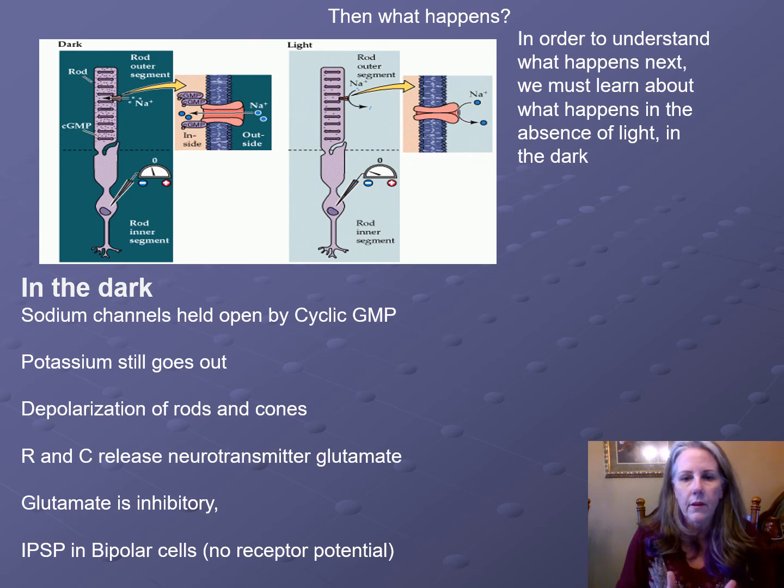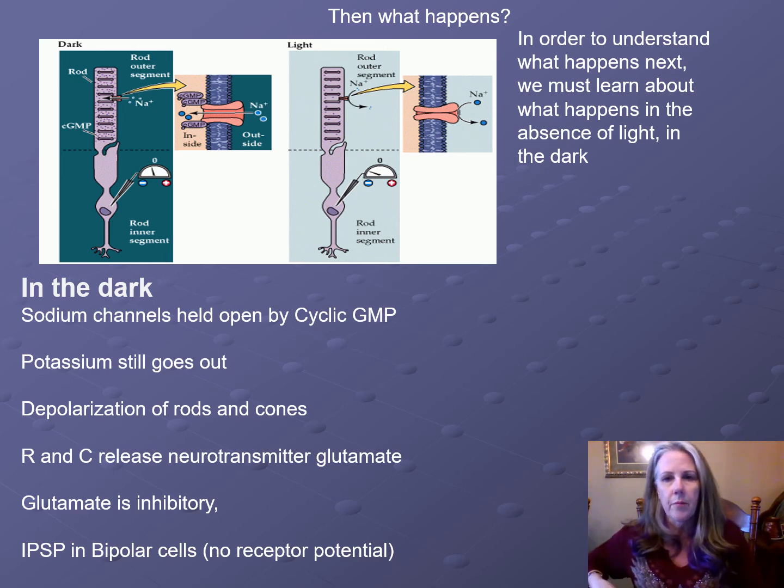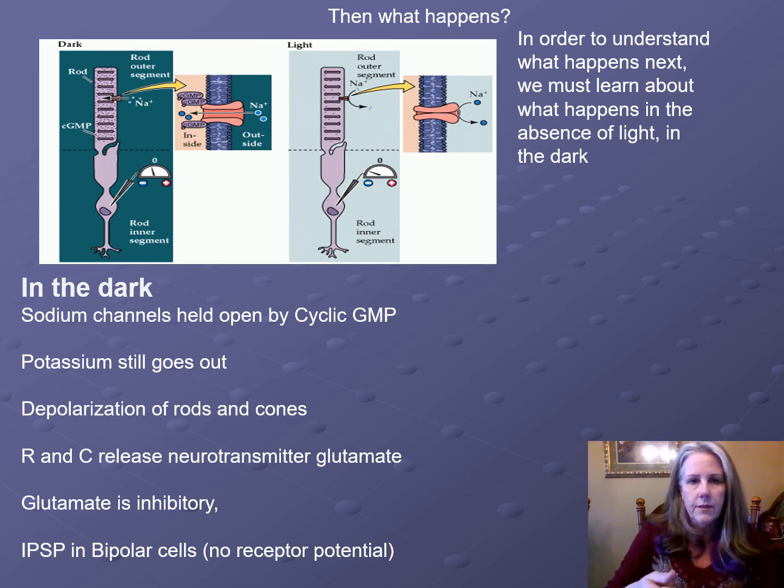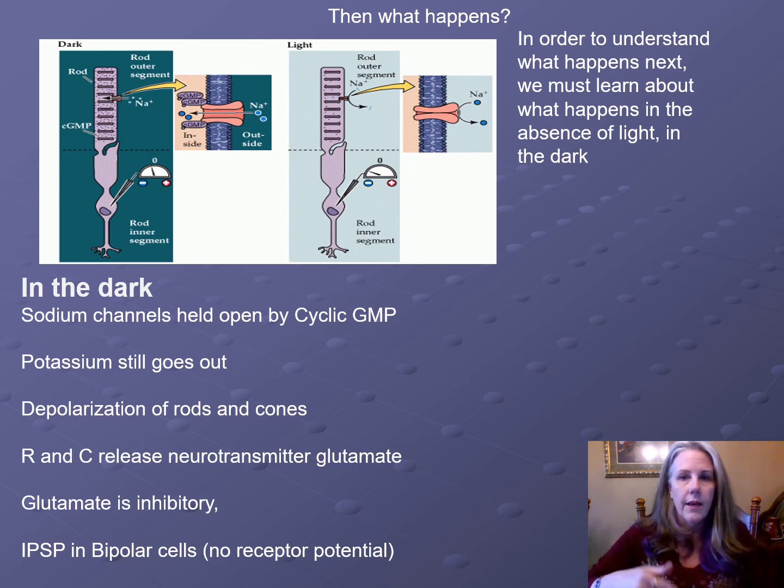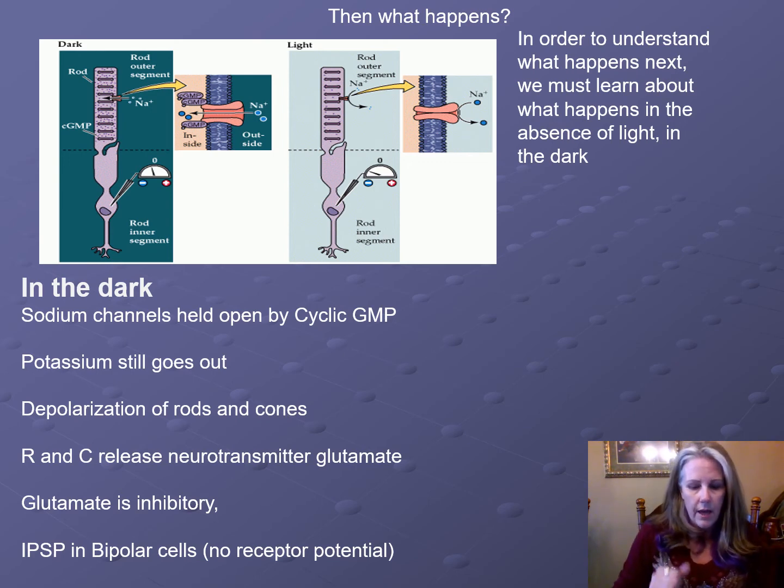When I say it kicks off a series of events, think of it like a cascade event, or visualize the domino effect, right? One thing has to happen, then another thing has to happen. That's what it is. So the light was absorbed by the photopigments, and as a result of that, an enzyme comes in and breaks down the cyclic GMP.